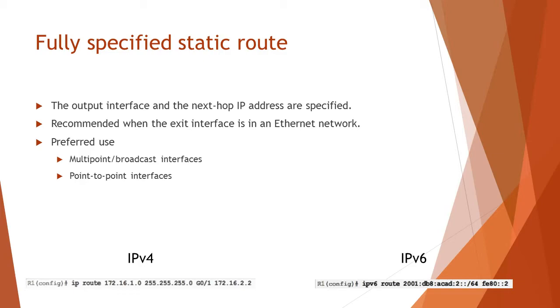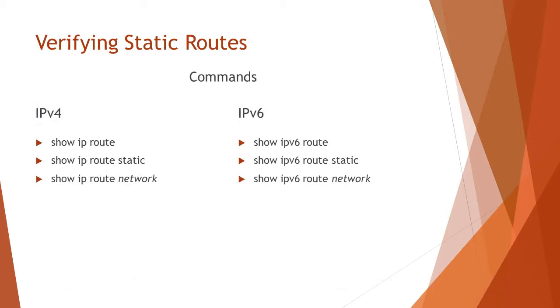And with Ethernet networks, there may be many different devices sharing the same multi-access network. To verify static routes, use the next commands: show ip route, show ip route static, and show ip route network.